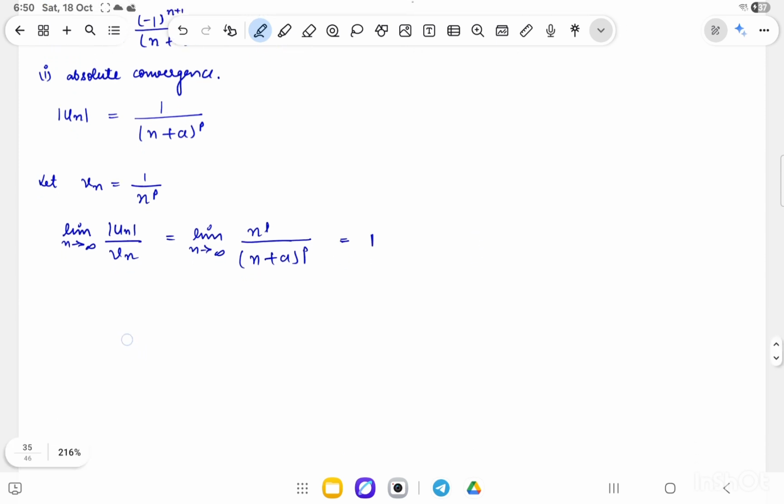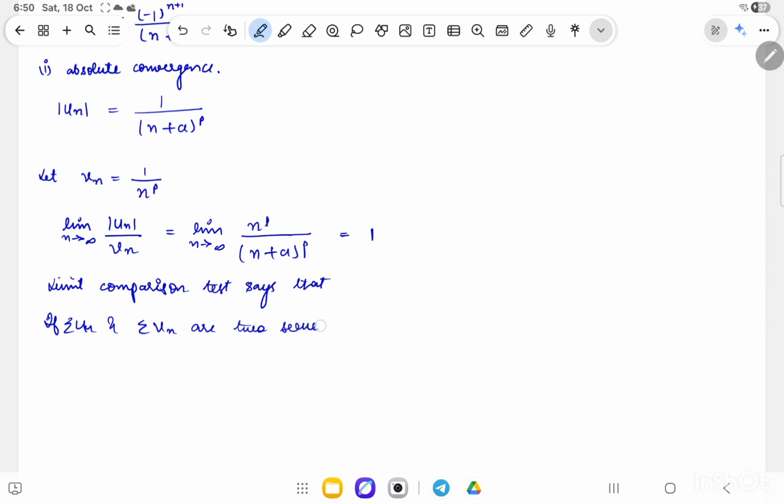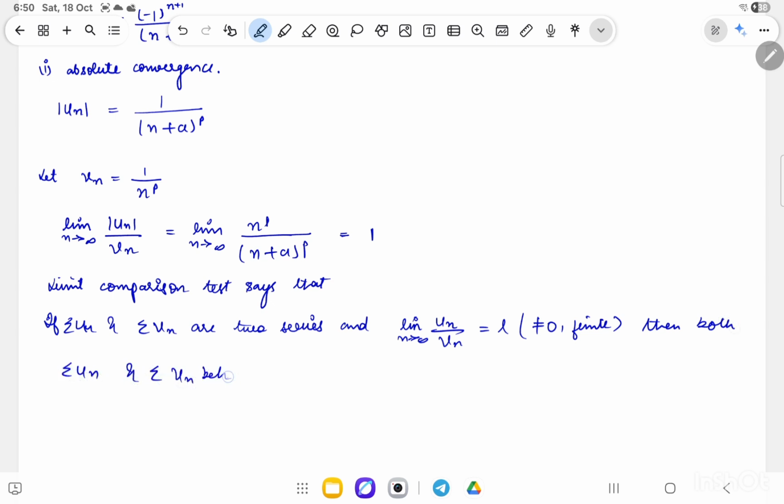Now we know that the limit comparison test says that if summation un and summation vn are two series and limit n approaches infinity of un by vn turns out to be L, which is not equal to 0 and is a finite number, then both of the series, that is both summation un and summation vn, behave alike.